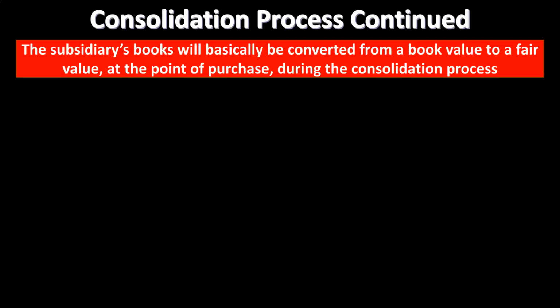So we're going to revalue everything to the fair value that's being reflected by the parent company, which was the fair value at the point in time that the purchase took place. And then we're going to deal with all the consequences that result from that, such as added depreciation calculations and whatnot, depending on the types of assets that are involved and the related expense calculations and estimates.